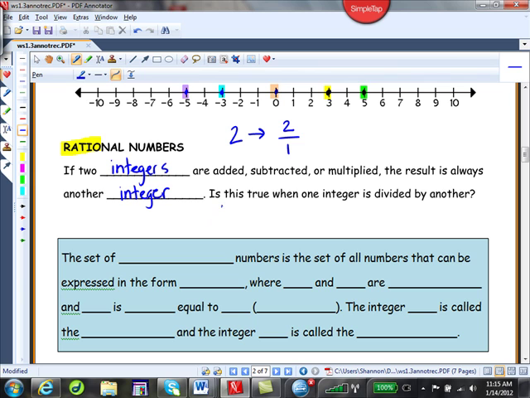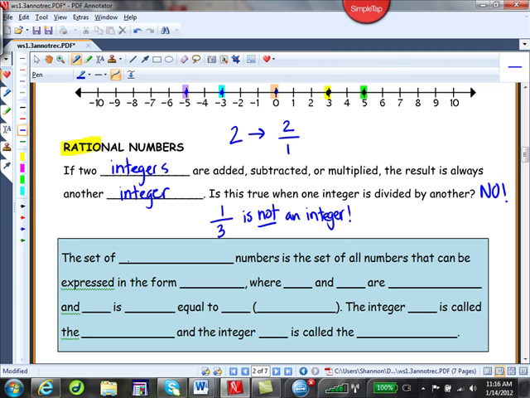Good, yes. What about, is 3 an integer? Yep. And 1 over 3 is not an integer. So the answer to the question is no.